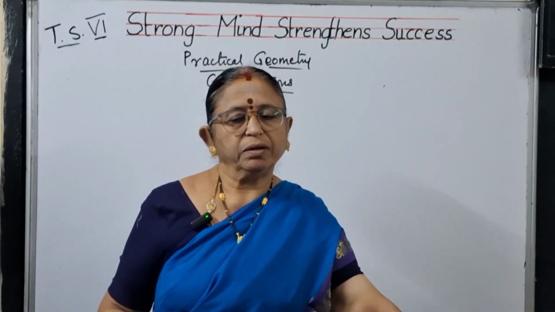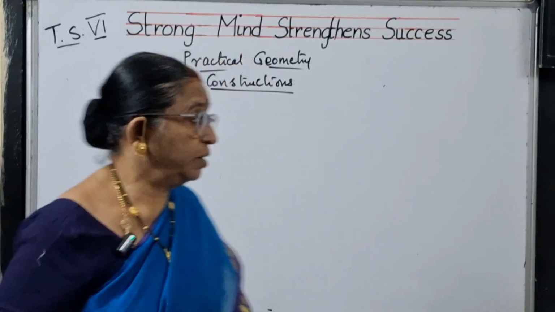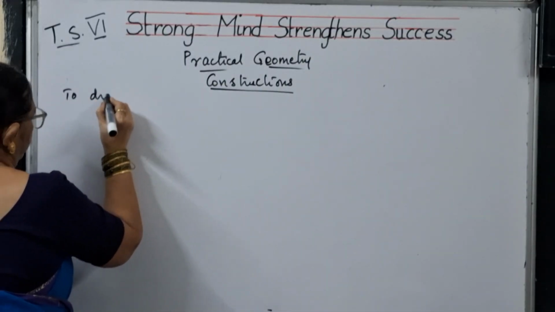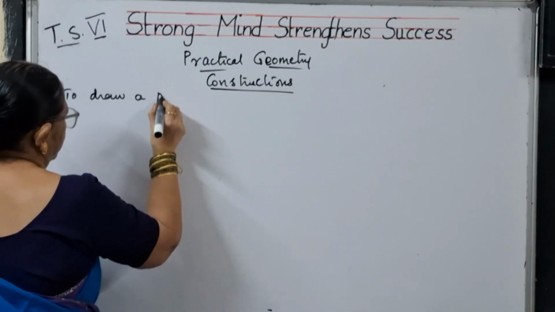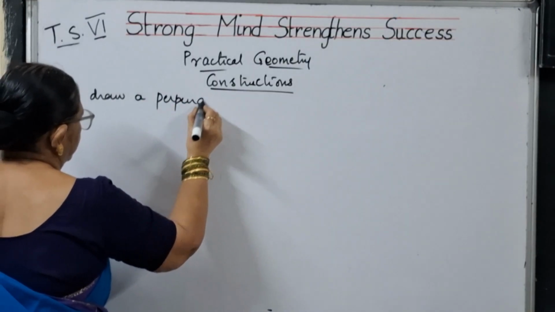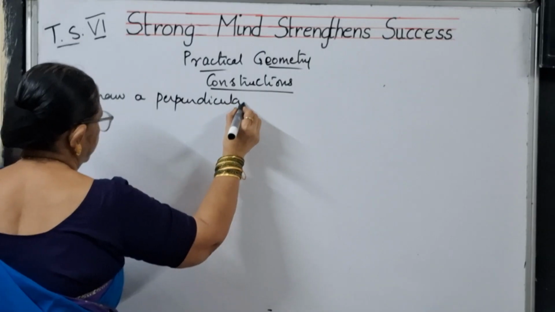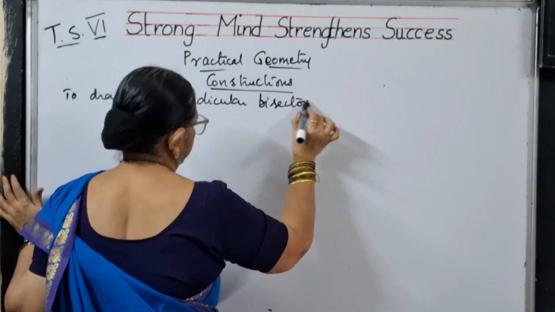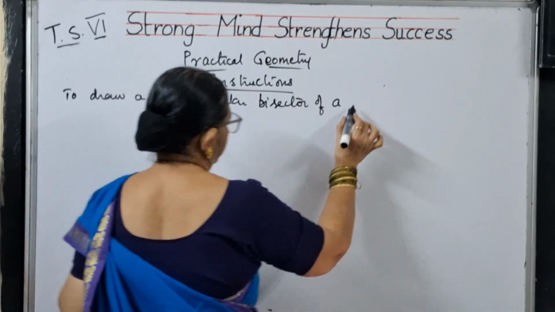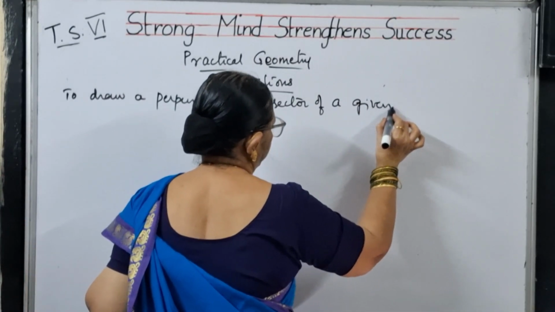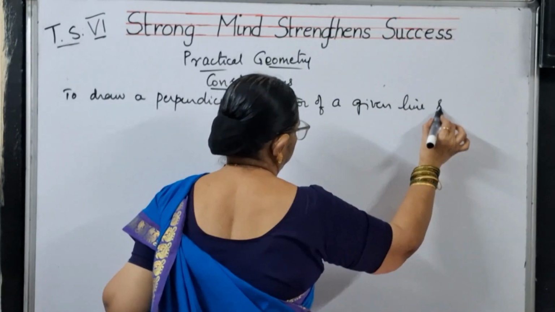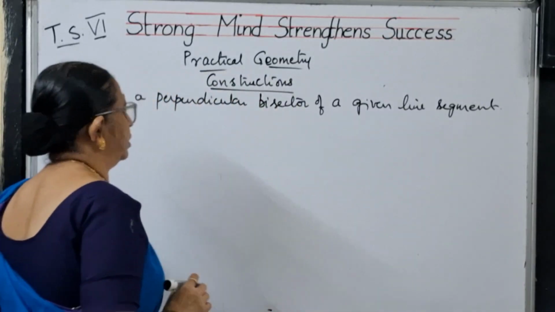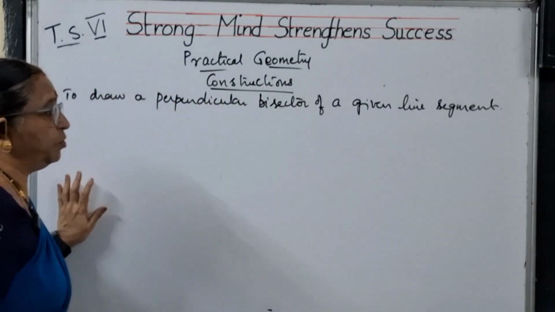Next part is you have certain constructions, children. The first one is to draw a perpendicular bisector of a given line segment. A line segment will be given to you. Sometimes they may give you a measure.